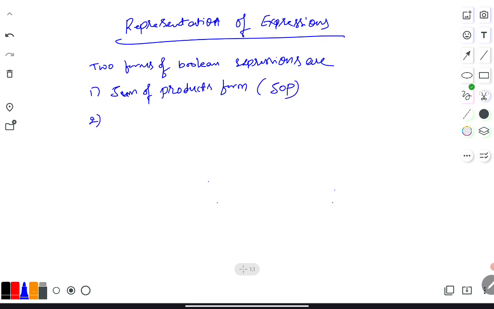And the second one is the product of sums form, that is POS.